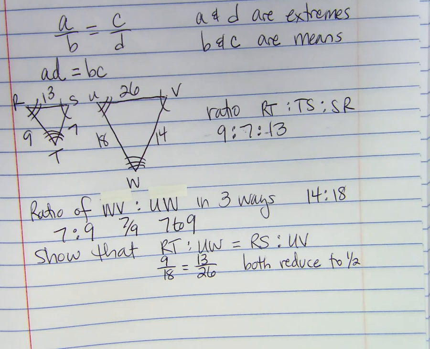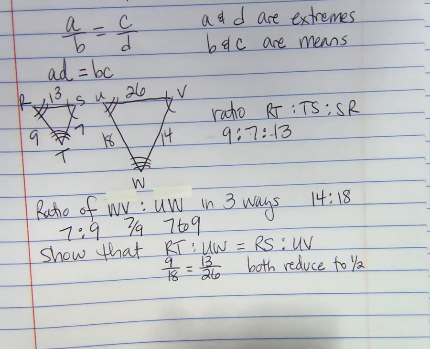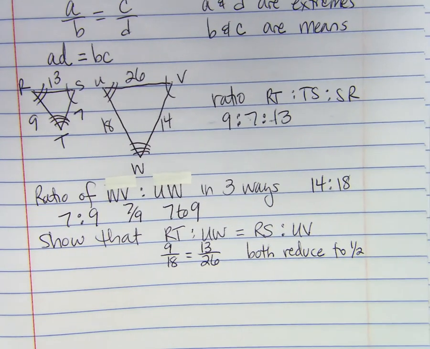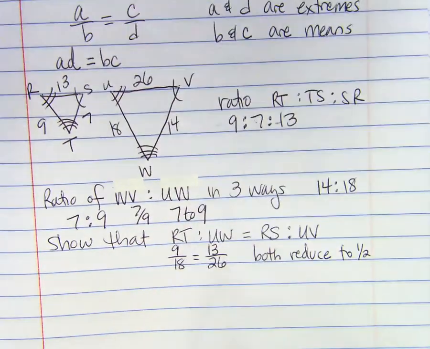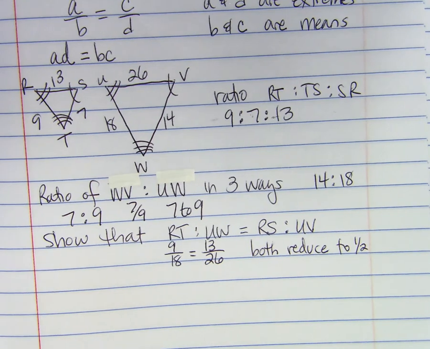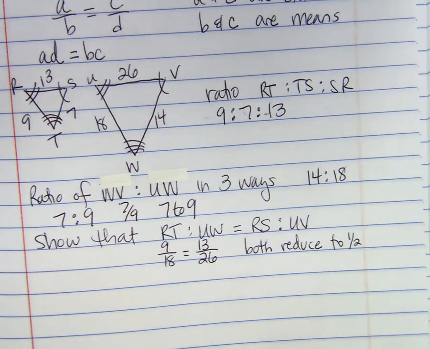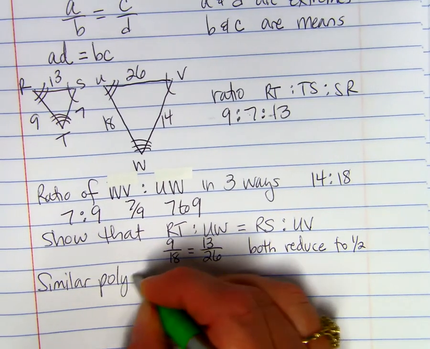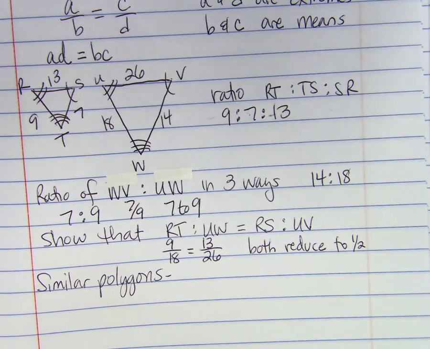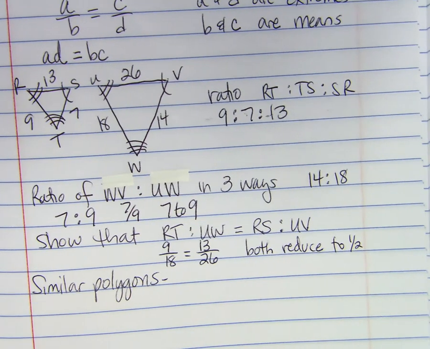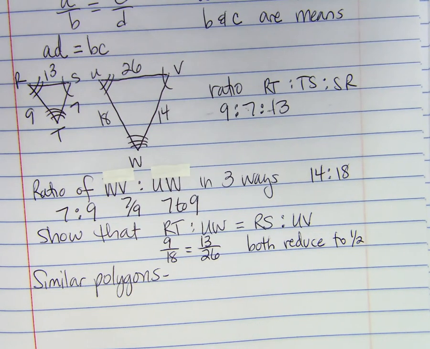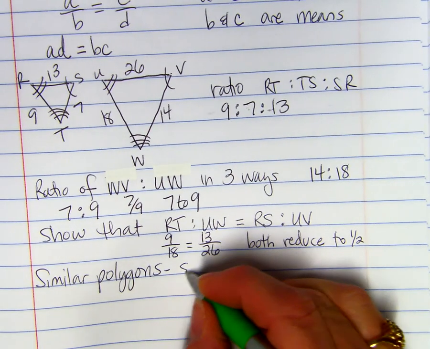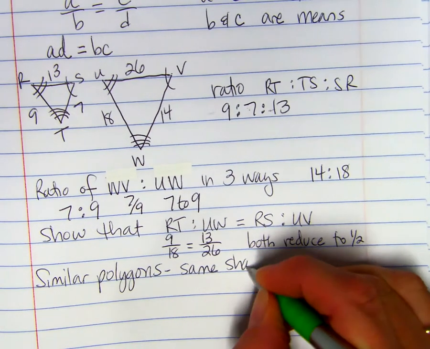Okay. And now we're going to go over to similarity. So we've got ratios, we've got proportions, and we have to learn extremes and means, because in a lesson to come we're going to talk about those. Similar polygons are the same shape and they may be the same size, but they don't have to be.